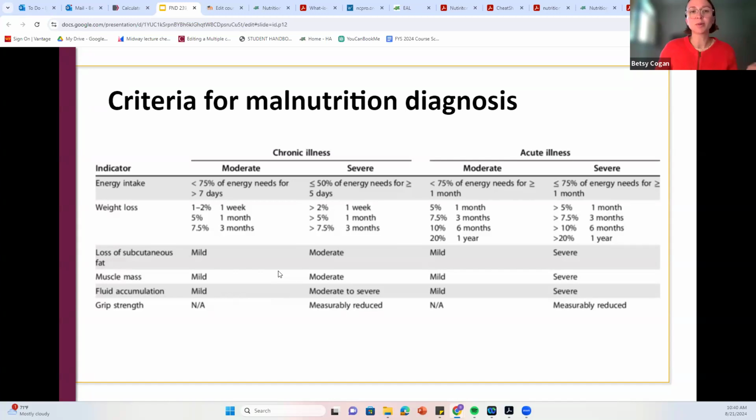This is particularly relevant in older adults, but if their grip strength is significantly reduced, this could indicate muscle wasting, that they are not well nourished. These tools can come from acute and chronic scenarios and be classified into moderate or severe categories of malnutrition.